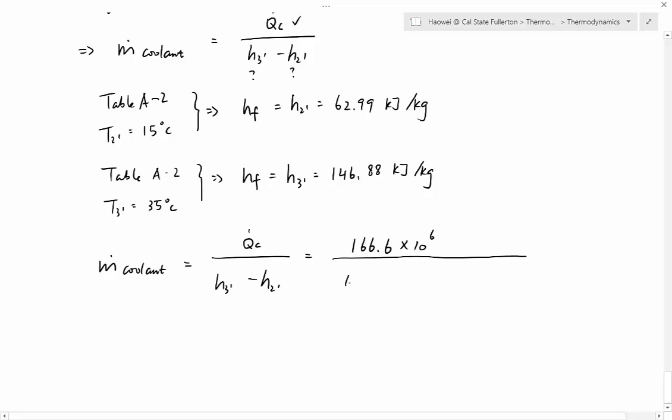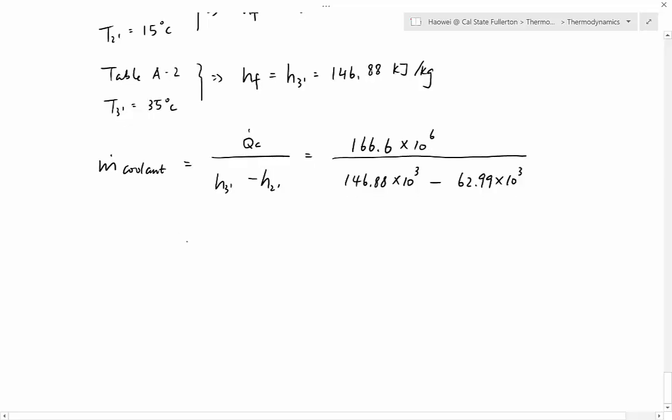H3 prime is 146.88 times 10 to the third to convert kilojoules to joules, minus 62.99, again times 10 to the third to convert kilojoules to joules. So your solution for m dot coolant is 1.99 times 10 to the third, and it must have an SI unit. The SI unit for mass flow rate is kilogram per second. And that is this example.